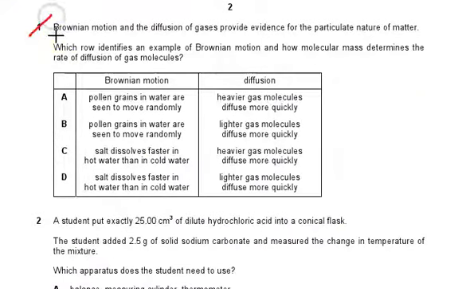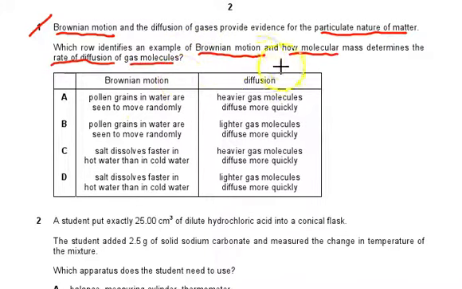Okay, number 1, Brownian motion and the diffusion of the gases provide evidence for the particle nature of matter. Which row identify as example of a Brownian motion and how molecular mass determines the rate of diffusion of gas molecules?